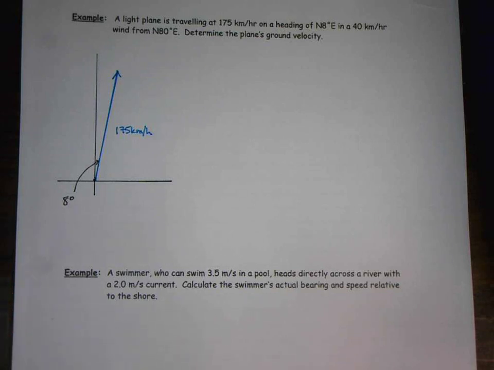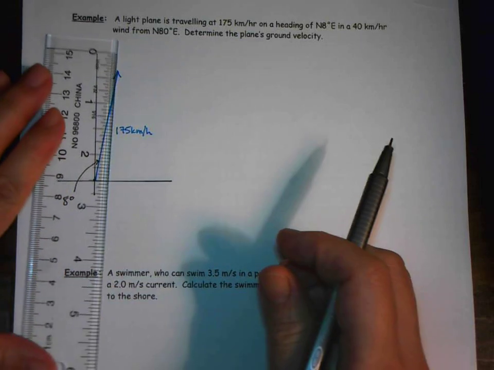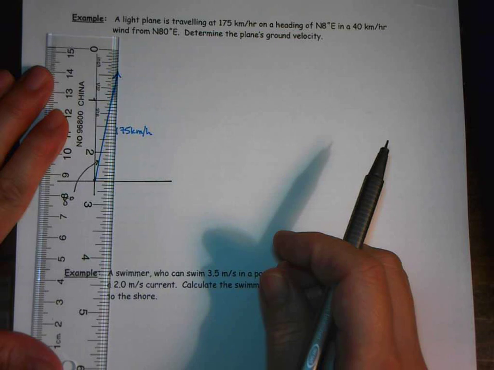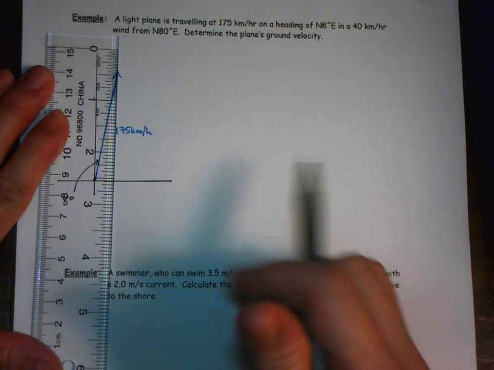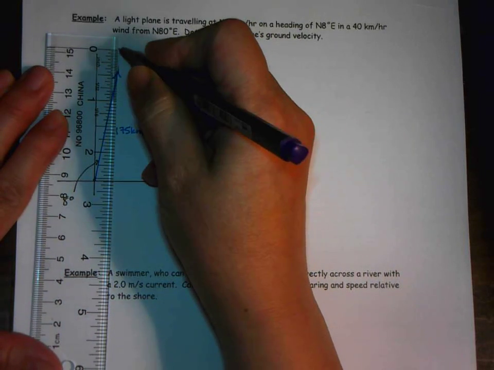Okay, so just like the previous example, we could set the new origin at the head of our plane vector. So we could draw it like this.